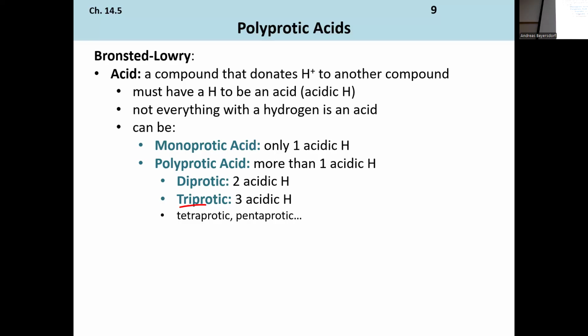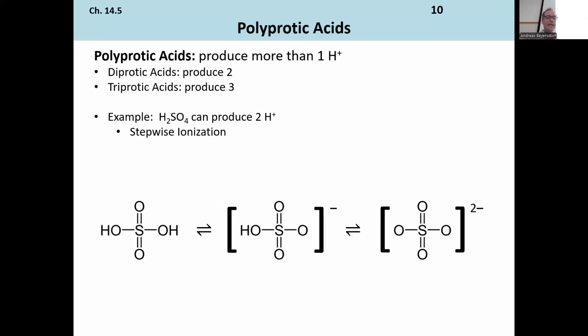We're not going to deal with tetra and penta here. An example of this is H2SO4, sulfuric acid. H2SO4 is diprotic. It produces two H+.